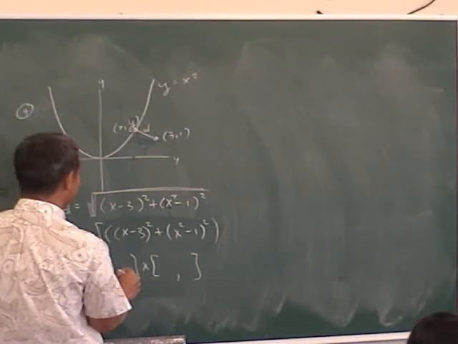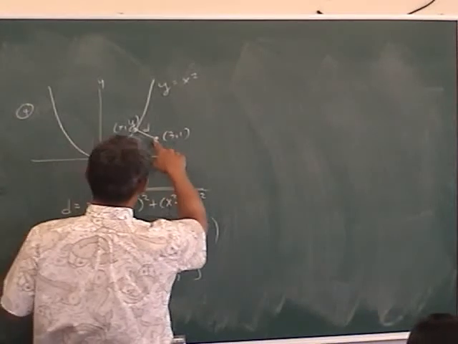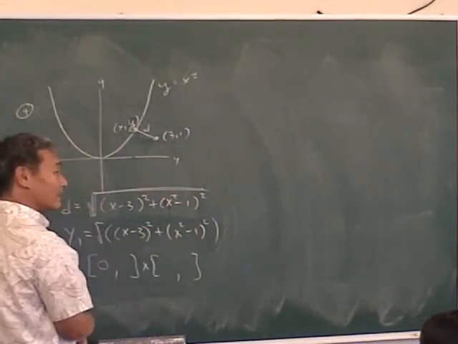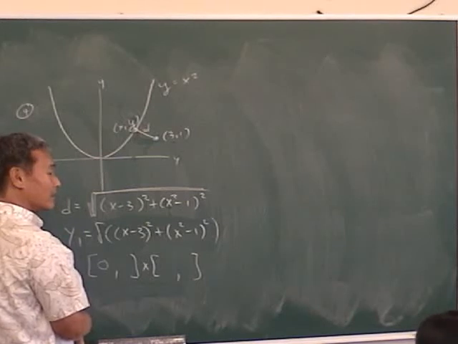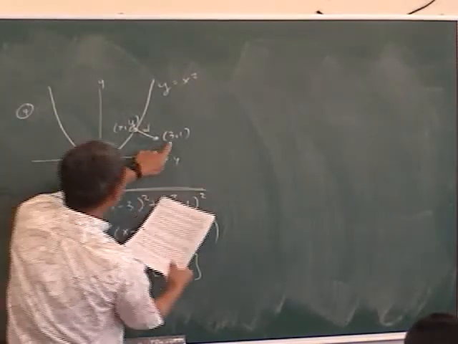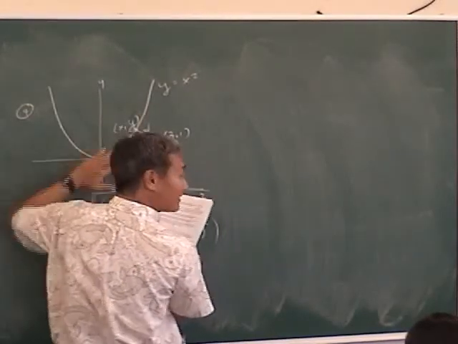If this is the point 3,1, this point has to be to the left of it. I was thinking 3, because the x-coordinate of this point is 3, so this point is going to be somewhere over here.